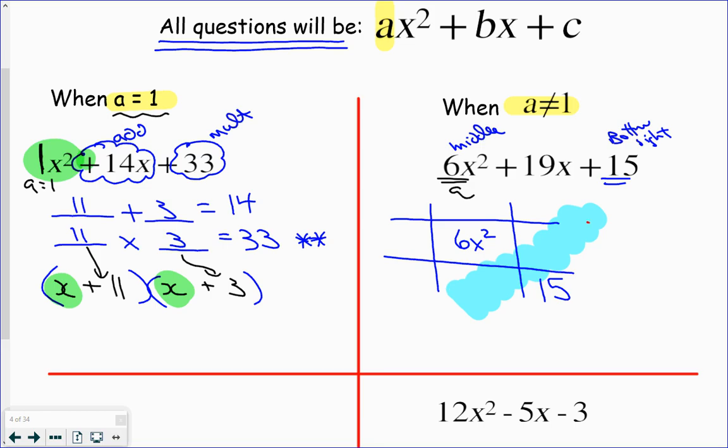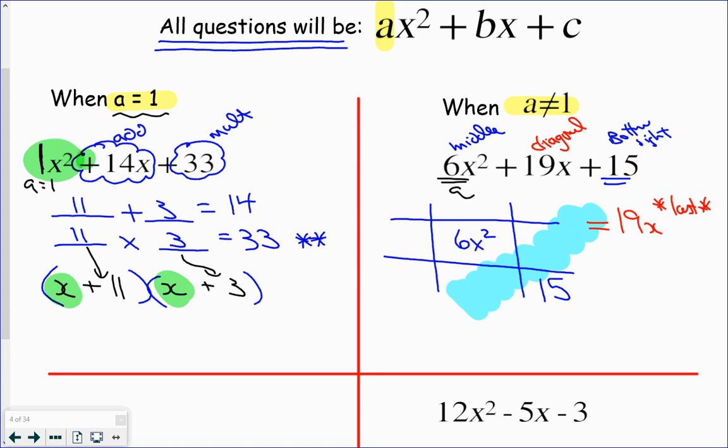And the diagonal is going to be the number in the middle. Now, we do that diagonal last. You leave the diagonal till the end.